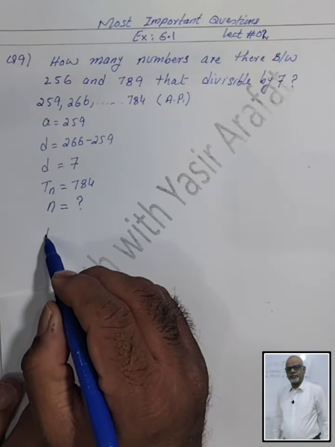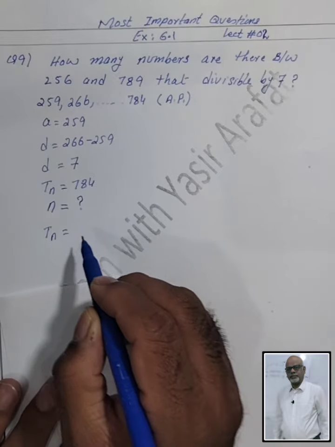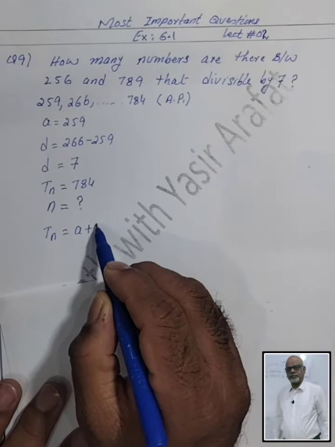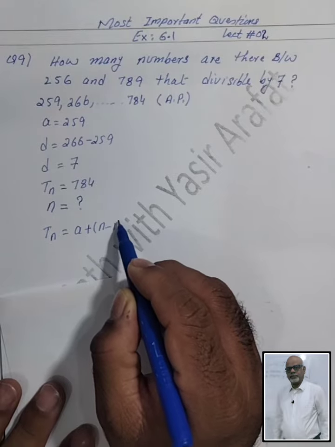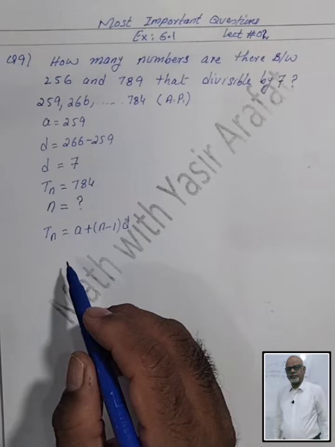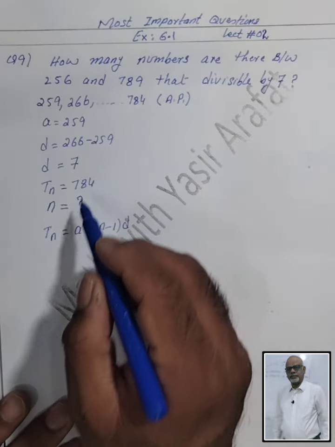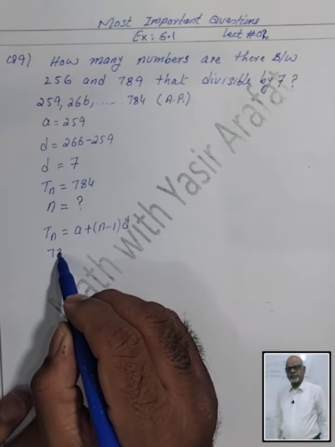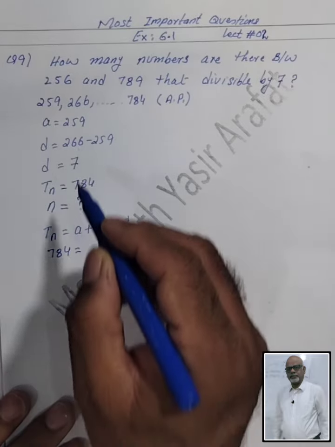So here we have a formula: Tn is equal to A plus n minus 1 into D. What is Tn here? It is 784. What is A here?